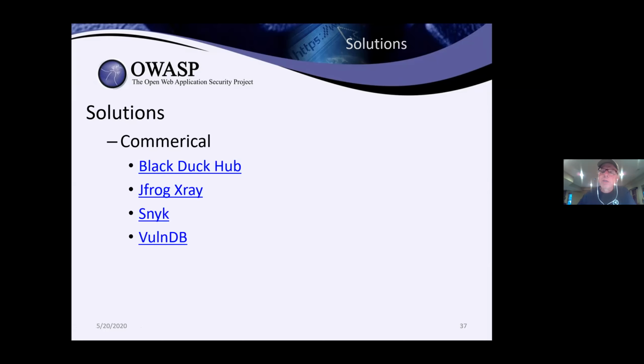And so JFrog Artifactory is a commercial offering, a commercial version of doing that inventory. Well, the X-Ray component, I believe it works with VulnDB data, scans your inventory and produces reports. So there's the open source tools, the OWASP, and then you can start to see some of the commercial tools that are starting to be able to sell some pretty decent offerings there.